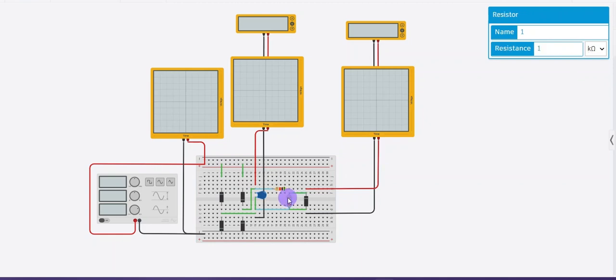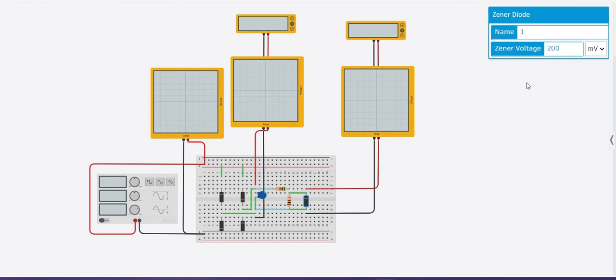Then we have a Zener diode paired with a resistor, where the resistor is 1 kilo ohm and the Zener diode is 200 millivolt, which acts as a voltage regulator.